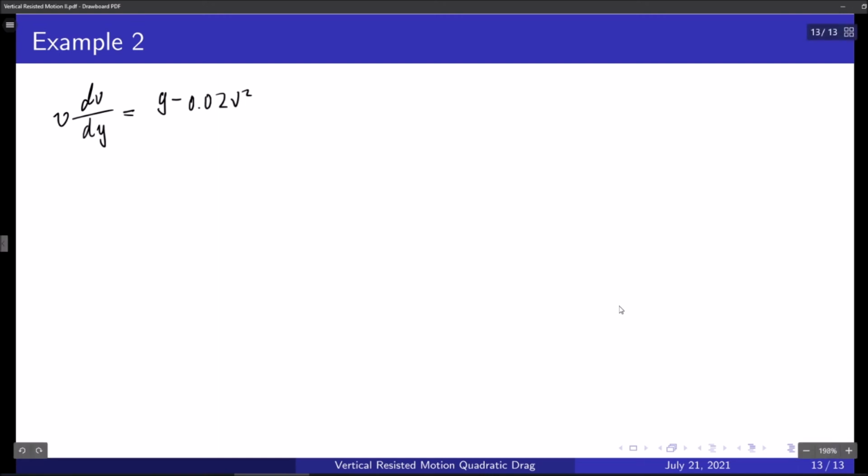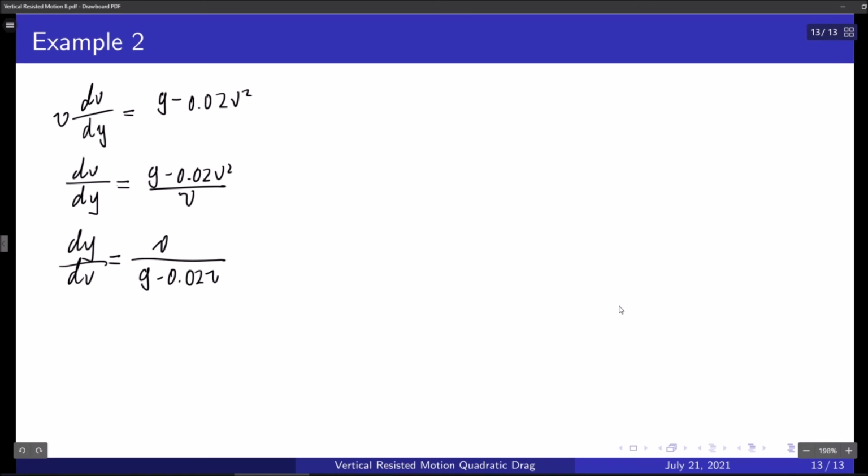So we divide everything by v, and dy over dv equals v over g minus 0.02 v squared.